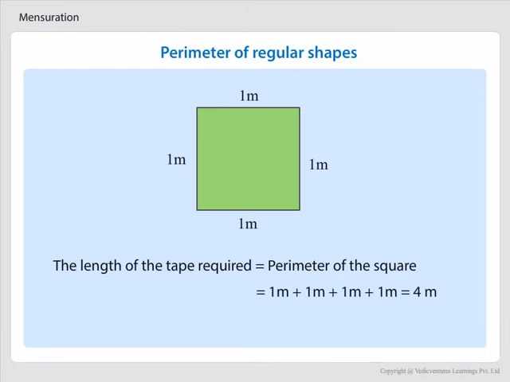You know that all the four sides of a square are equal. Therefore, in place of adding it 4 times, we can multiply the length of its one side by 4. Thus, the length of the tape required equals 4 into 1 meter equals 4 meters.